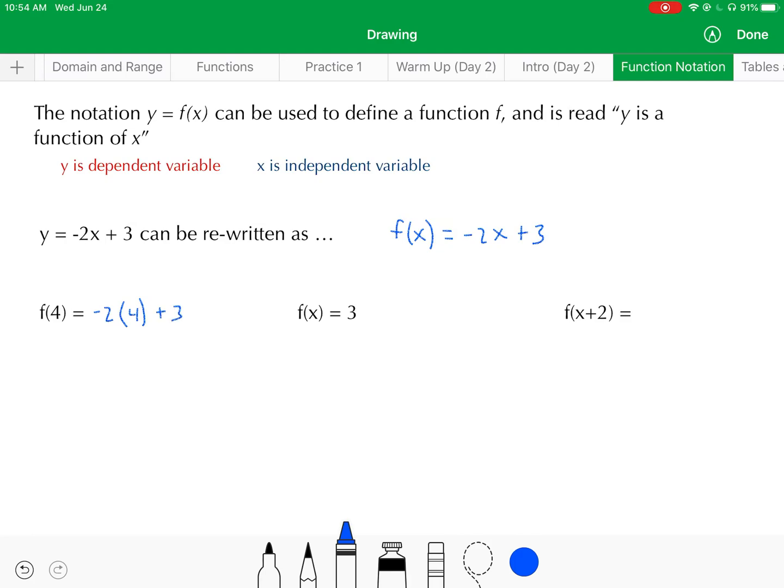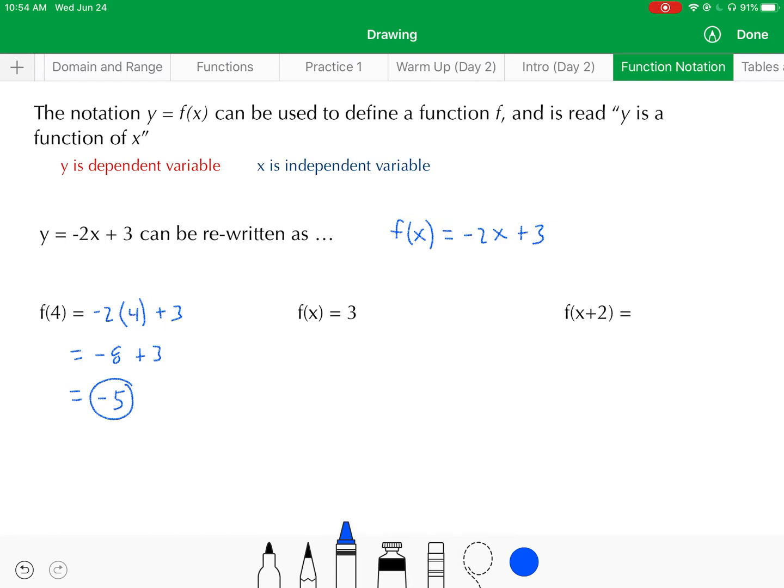And we're simply just going to simplify the right side here with order of operations. So negative 2 times 4 is negative 8. Negative 8 plus 3 gives me negative 5. Okay, so this would be my final value.